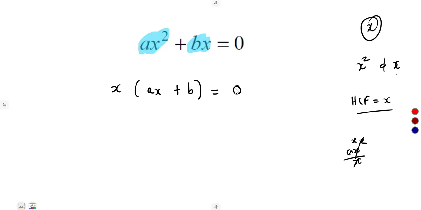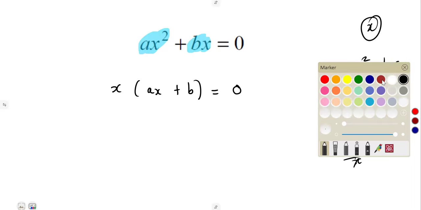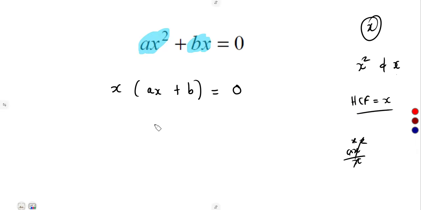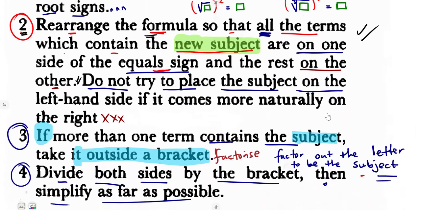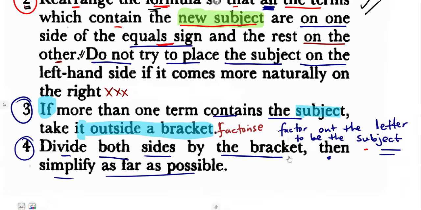So are we going to say, since we have got a bracket, we divide by the bracket like what we saw here? The division by the bracket there was because when we factored x, we remained with something inside the bracket which does not contain x, and it is equal to a certain term.